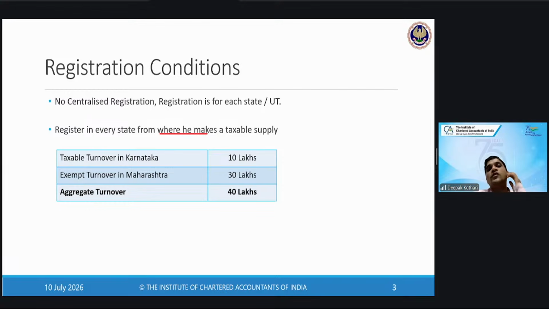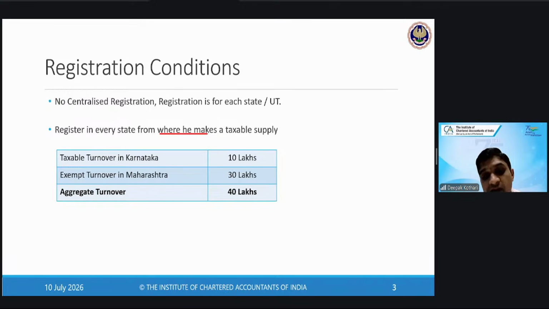Because for registration, we will have to see the threshold, and for the threshold we will have to see the aggregate turnover. Now aggregate turnover is 40 lakhs in this case. Soumya and Dhanlakshmi are of the view that he will have to take registration only in Karnataka. But in Karnataka, my turnover is only 10 lakhs.